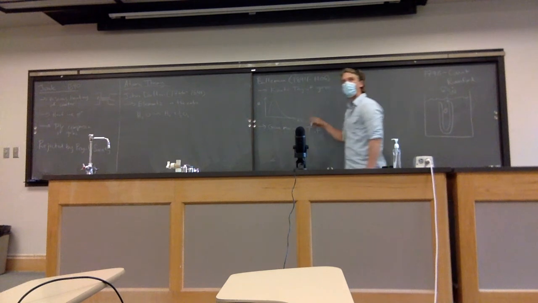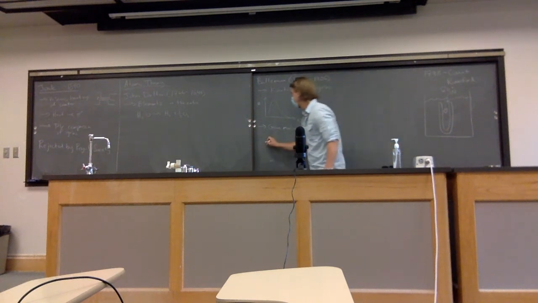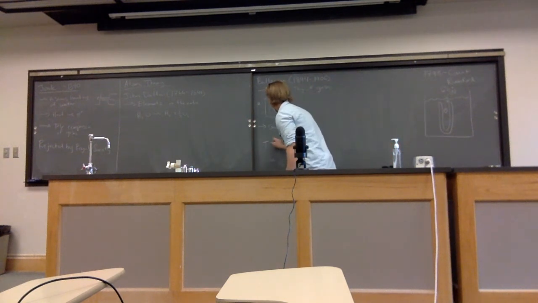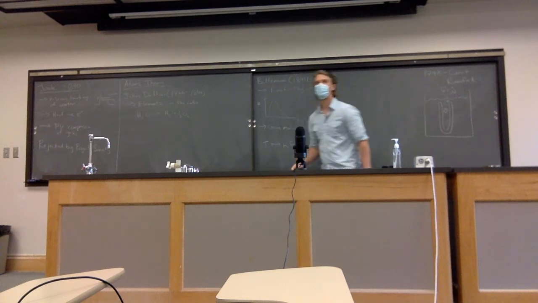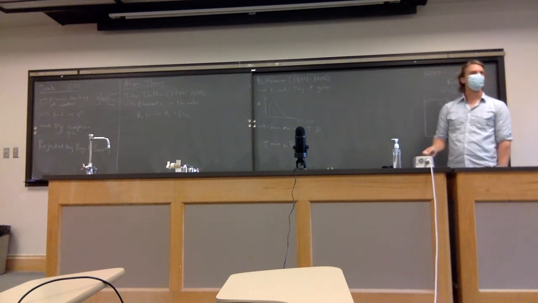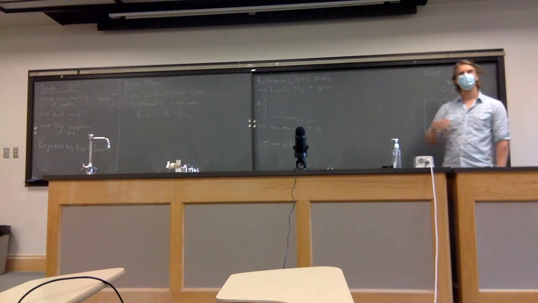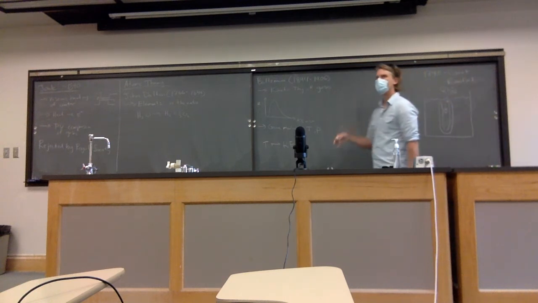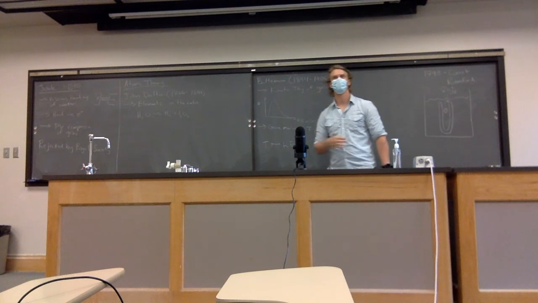Now, the proportionality relationship between temperature and kinetic energy is which property? I think we talked about this on Monday. What is the proportionality relationship between temperature and kinetic energy for particles?